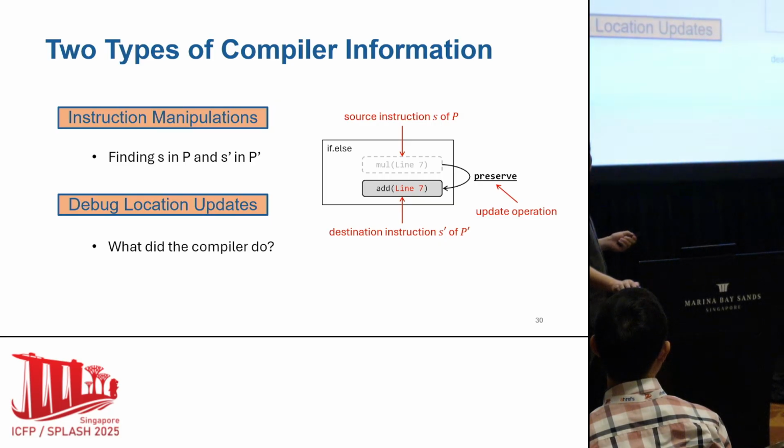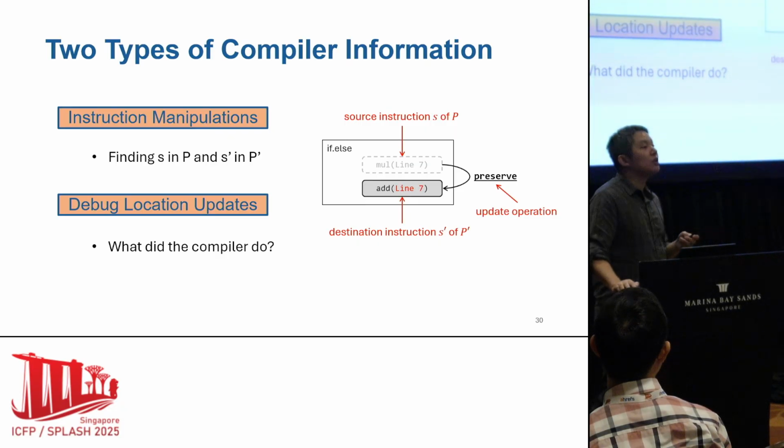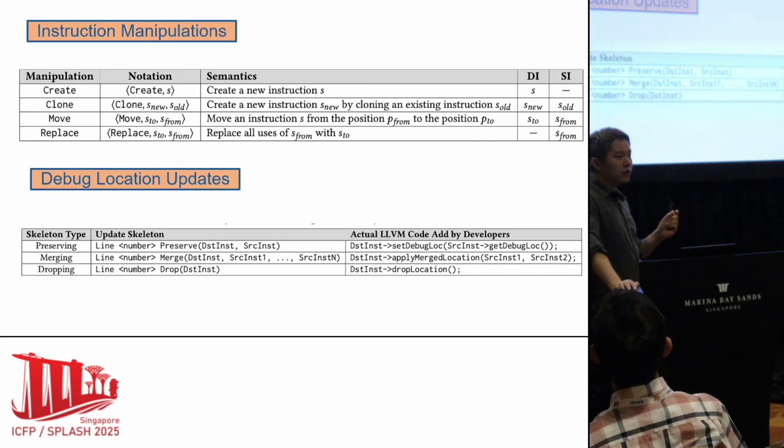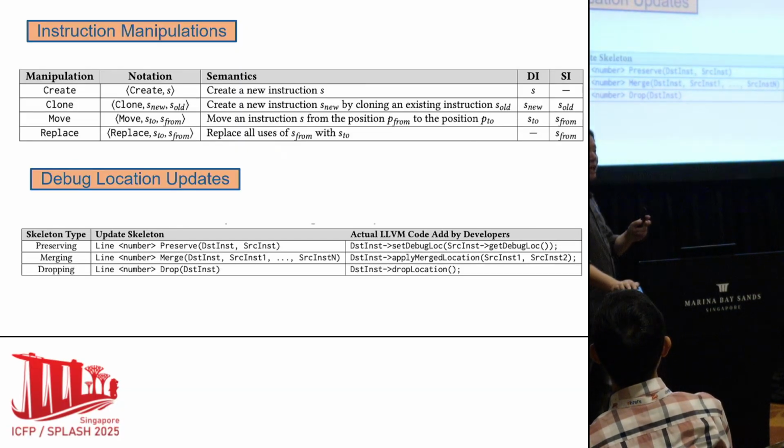So if we can instrument the compiler internals, we should also be able to tell what the compiler does in order to update your debugger information.